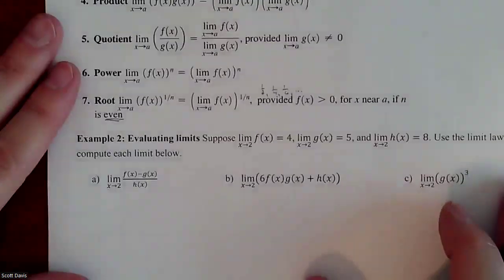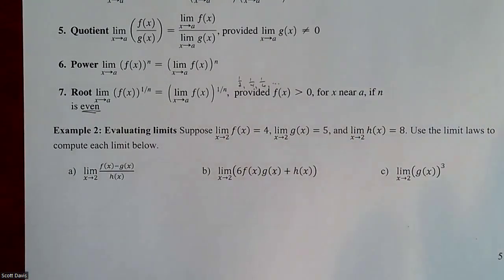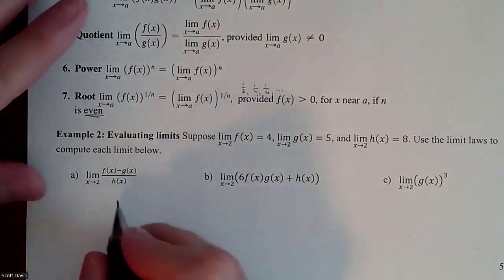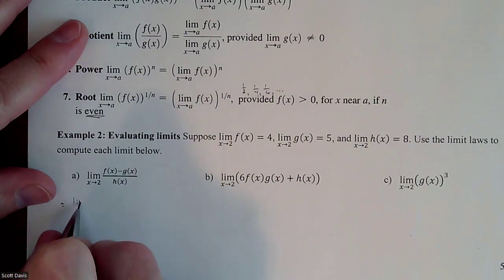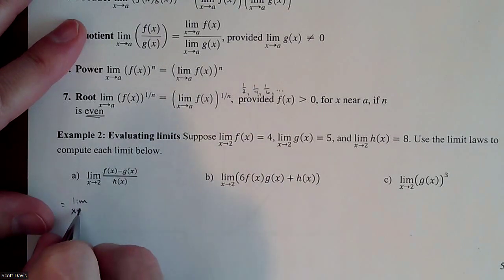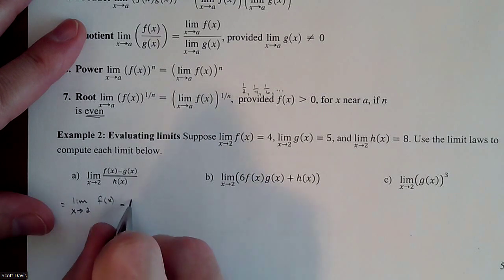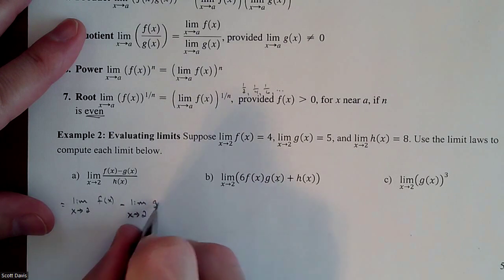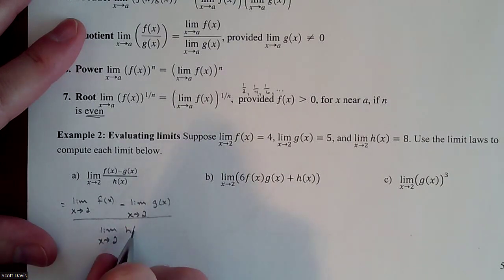All right, so let's do a couple real quick. This doesn't really have equations, but they're giving you values for it. So let's make sure we're comfortable rewriting some stuff using these properties. If you have something that looks like this, you could rewrite the whole thing as the limit as x approaches 2 of f of x minus the limit as x approaches 2 of g of x, all divided by the limit as x approaches 2 of h of x.